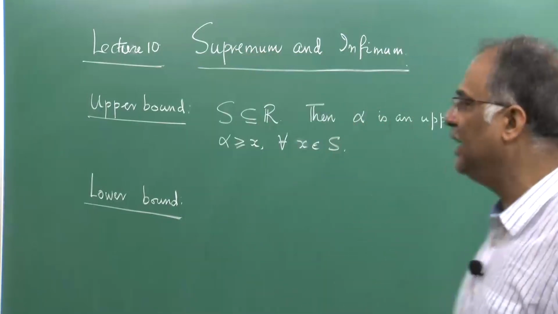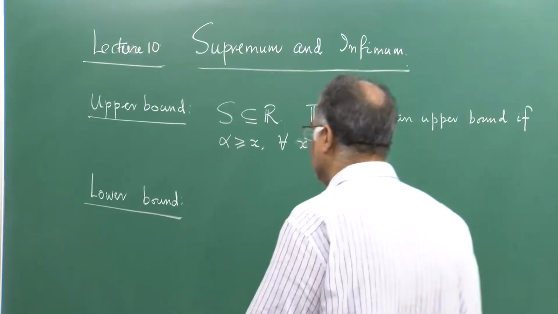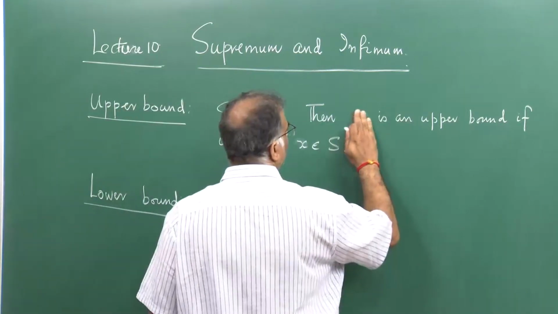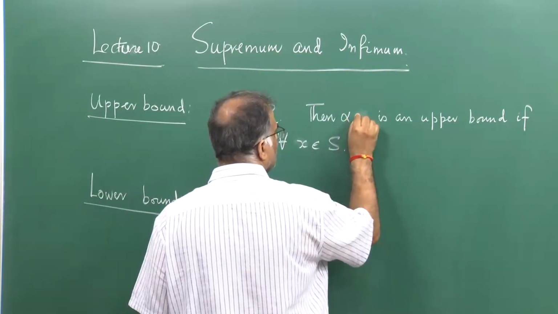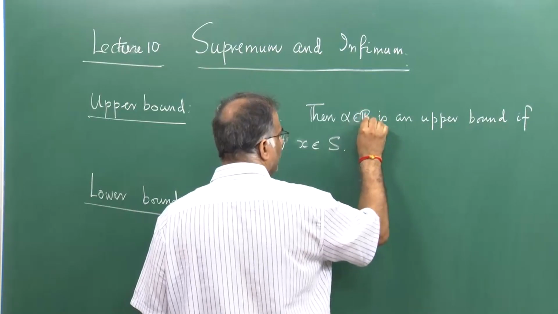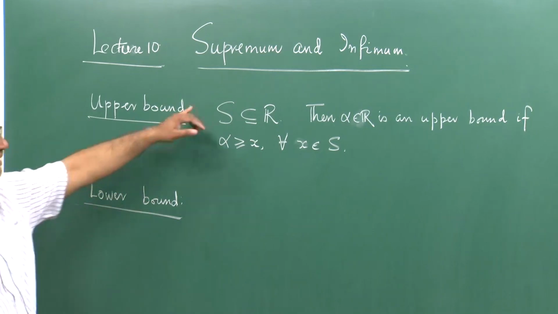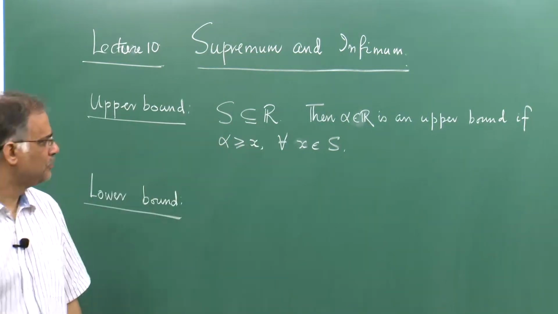There could be infinitely many such upper bounds, as you know that the real number line is uncountable. Of course, if you want to be more precise, then you should write alpha element of the real line. So, a real number is an upper bound to S if this holds.